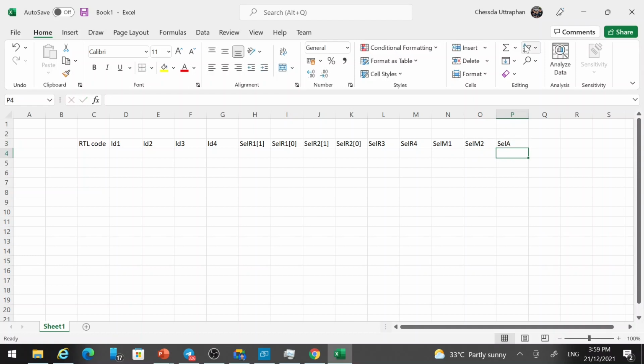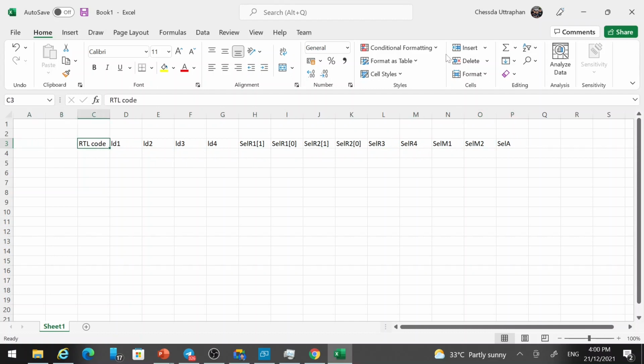Okay, so how many bits do we need to have for the control signal? 1, 2, 3, 4, 5, 6, 7, 8, 9, 10, 11, 12, and 13. So we need to have 13 control signals.